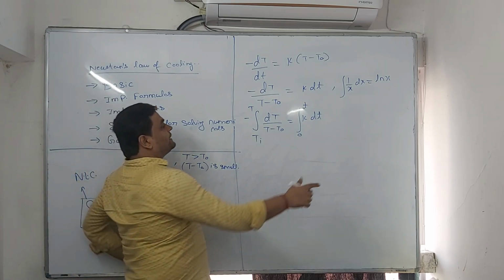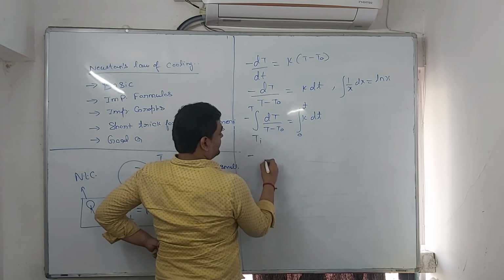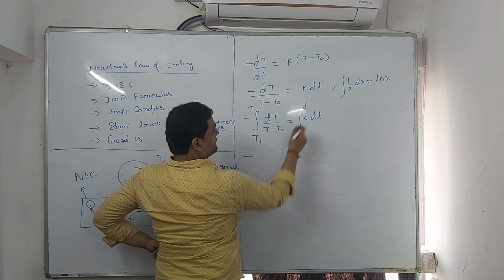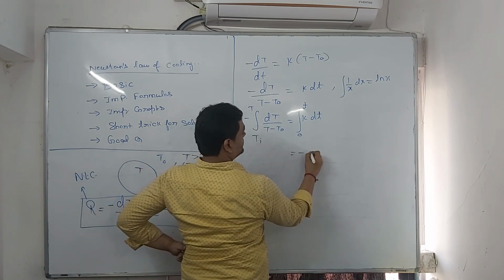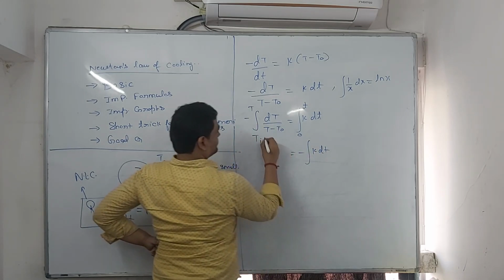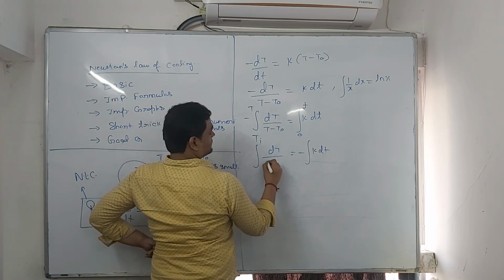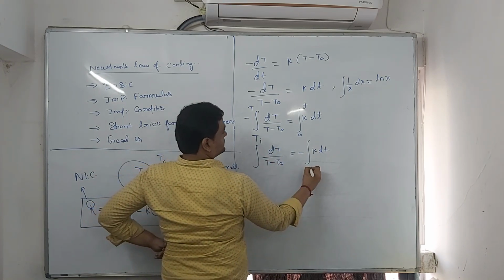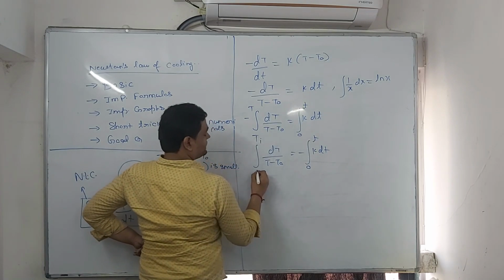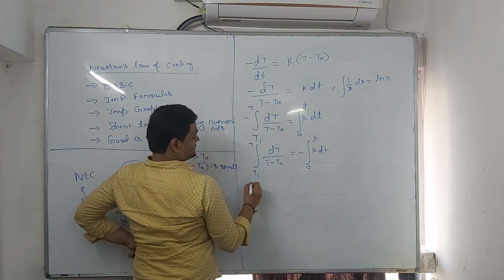Proper limits. Now, you will have this integration. Let us shift this minus on this side. Minus k dt. This is dT upon (T minus T naught) with proper limits, temperature initial and here temperature T.